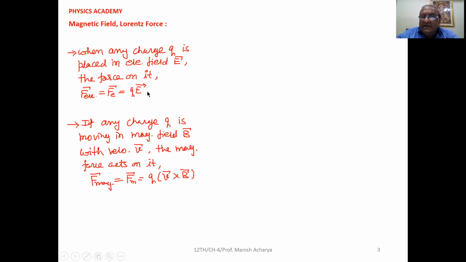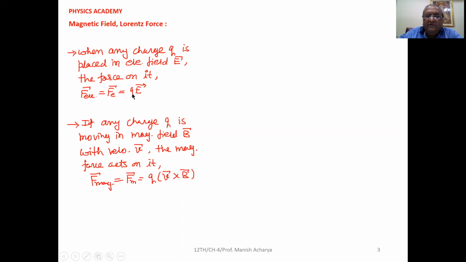Say, electric force is always in the direction of electric field, okay, because F, that is Q into E, where Q is a scalar quantity. So whatever is the direction of electric field, that will be the force on charge Q. Clear?